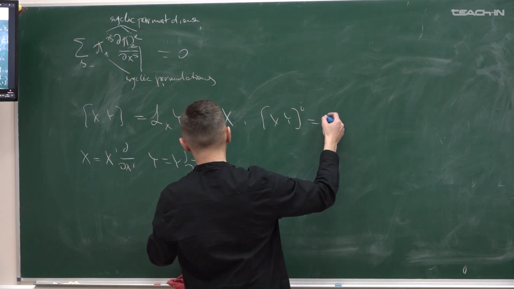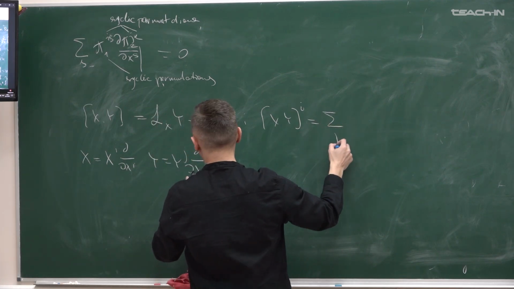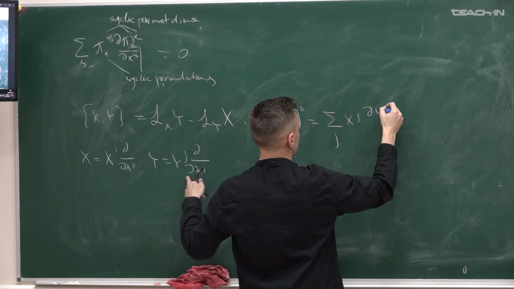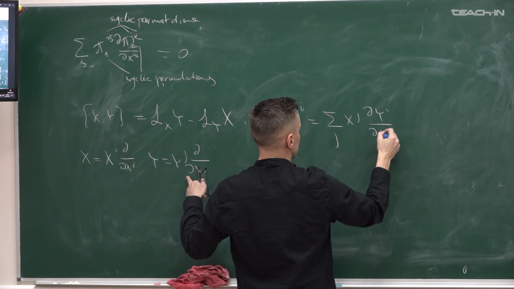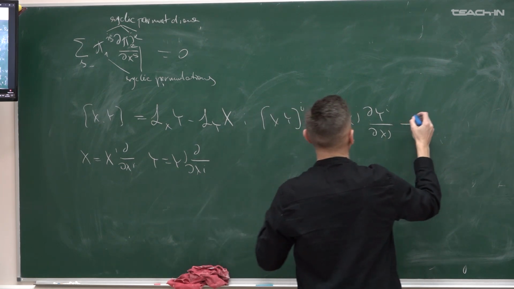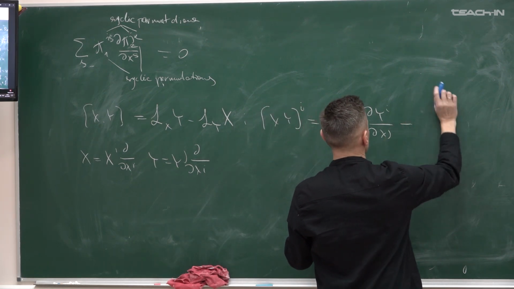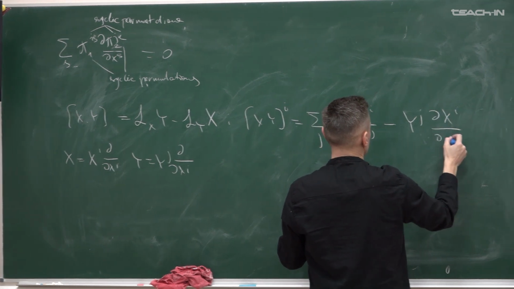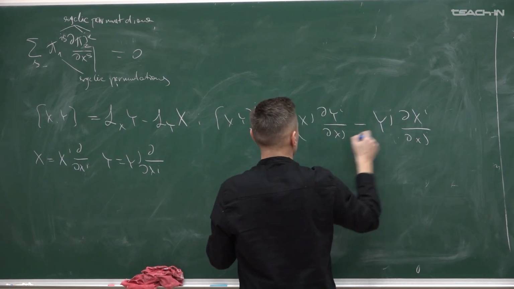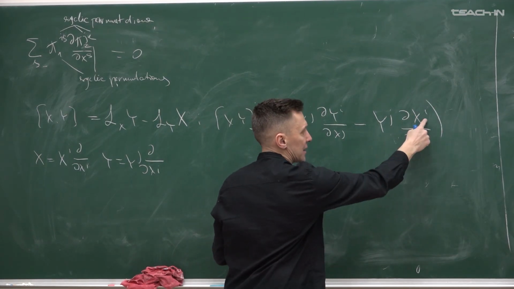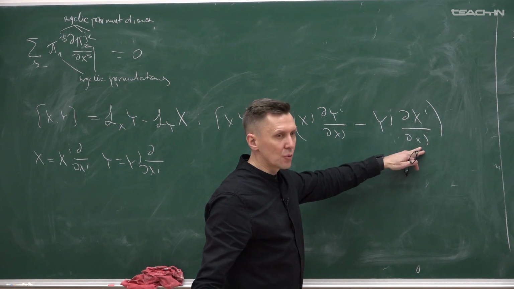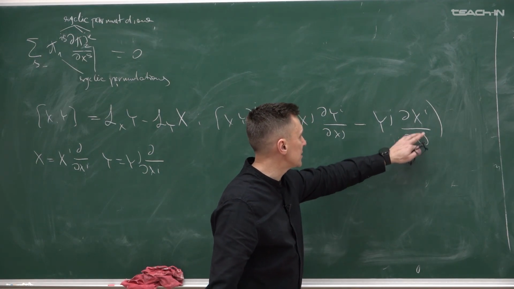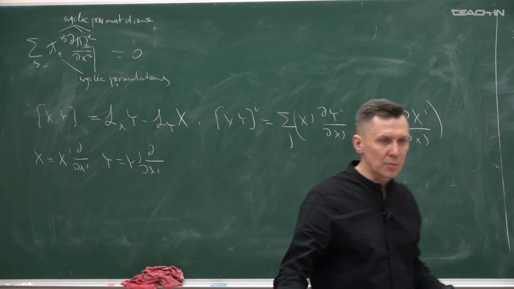So it is the sum over j, X_j dY_i over dx_j minus Y_j dX_i over dx_j. So there are big X and small x. Small x are coordinates on our manifold, on our space, and big X are components of the vector field.